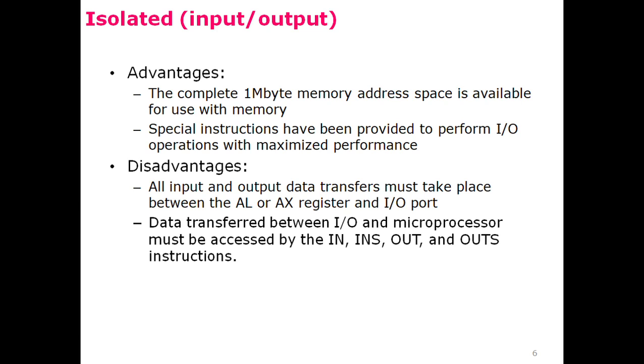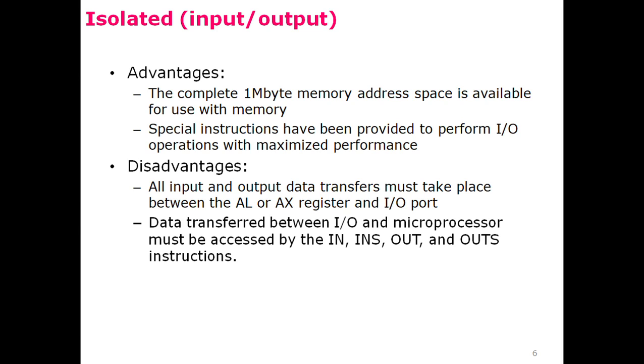There are some disadvantages of isolated I/O as well. All input and output data transfer must take place between the accumulator register and the input and output port. So the special input and output instructions IN and INS, OUT and OUTS, use the accumulator inside the microprocessor to send or receive the data.